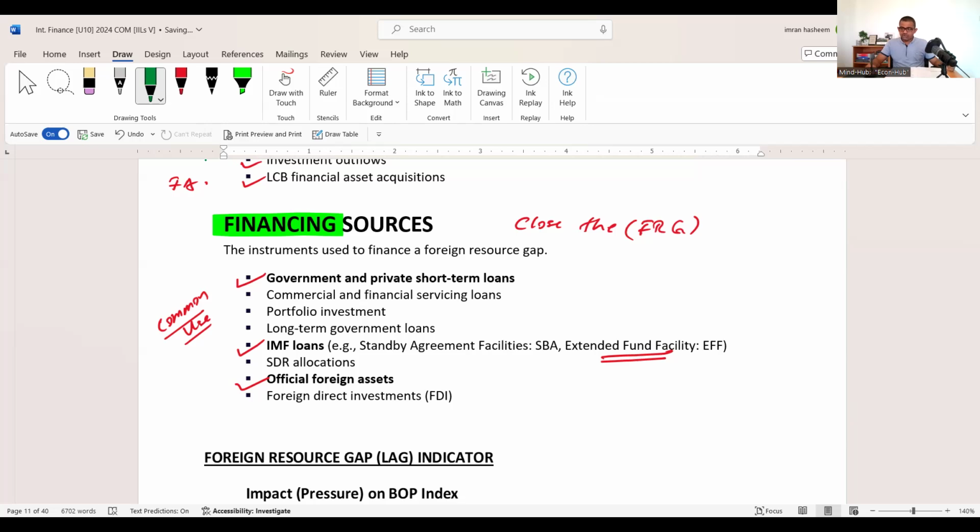So ideally what we should do is, maybe we should go for things like foreign direct investment, which could be something we can look at, because that's very favorable for the economy. It builds our economic growth capacity also. Then maybe we can look at something like, to a certain extent, portfolio investments.